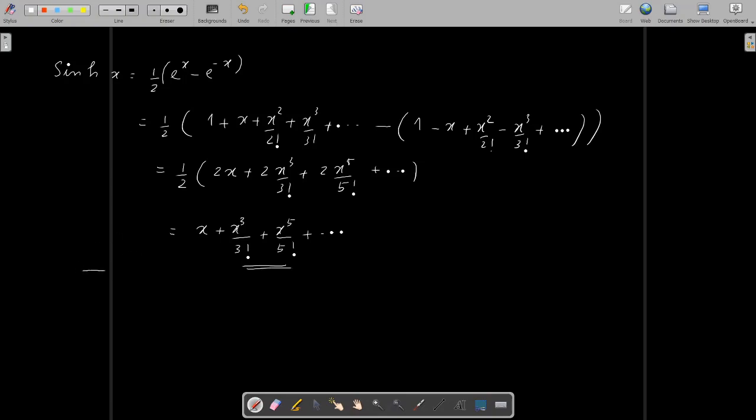Now you can find the periods of hyperbolic functions.